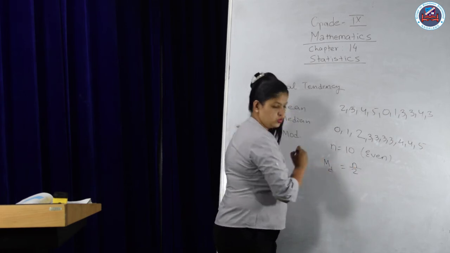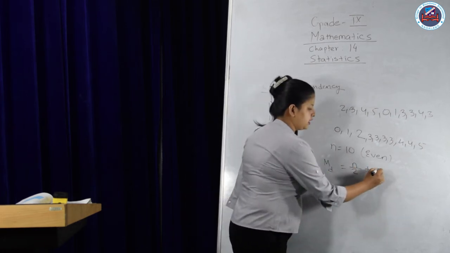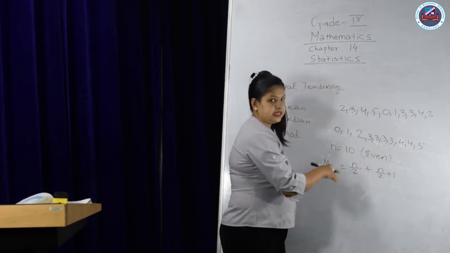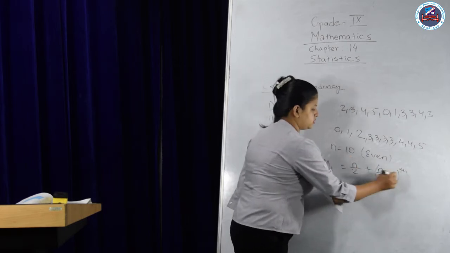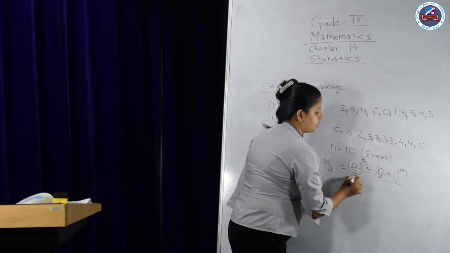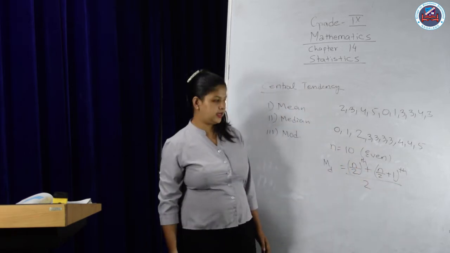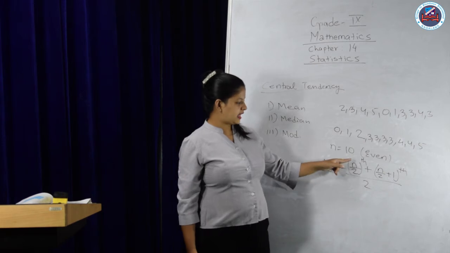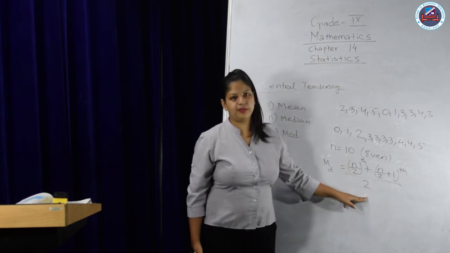n by 2 plus n by 2 plus 1, that is the next term, write it on the top, divide by 2, meaning the middlemost one. The middlemost of 10 would be the 5th term and the next term also, and divide by 2.